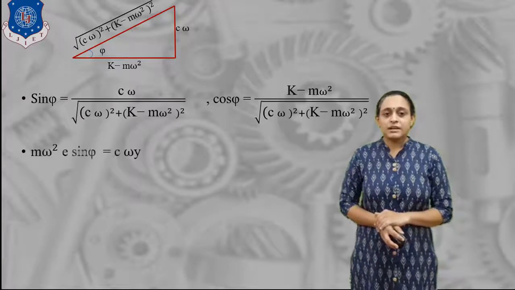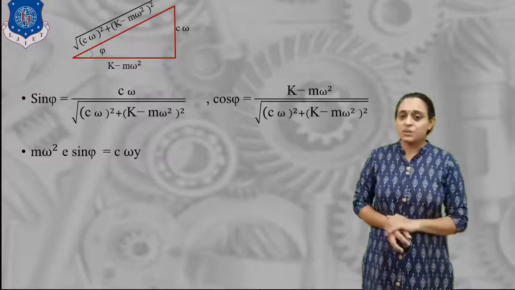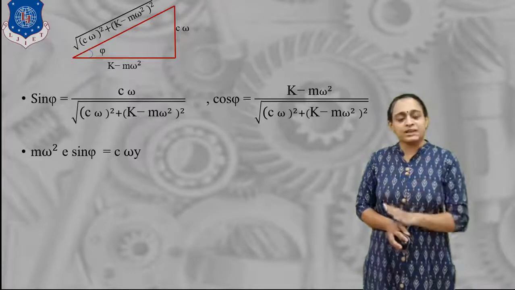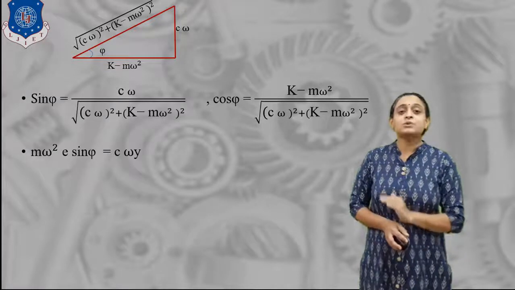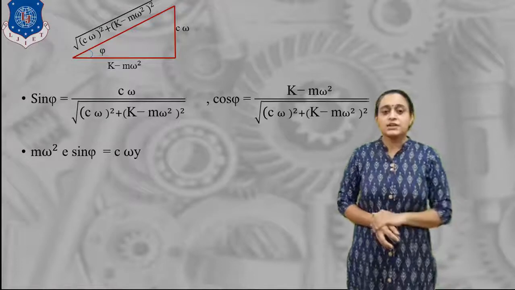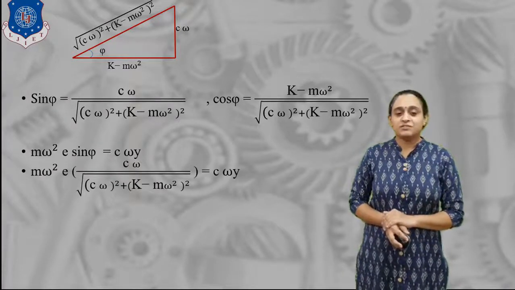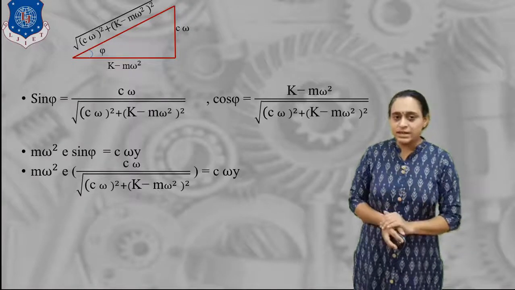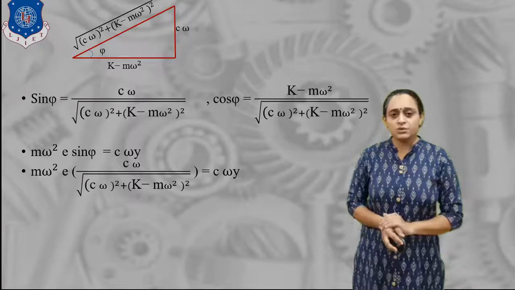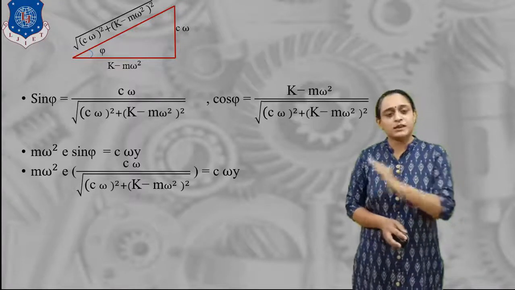So now let us put the sin phi value in our equation number 4. So what is our equation number 4? It is m omega square E sin phi is equal to C omega y. Okay. Now let us solve this. So by putting the sin phi value, what we will get? We will get m omega square E, and what is sin phi? It is C omega upon under root of C omega whole square plus K minus m omega square whole square.